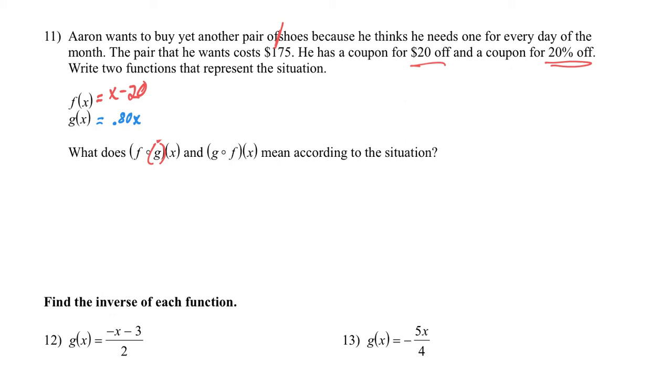So if I do f of g, then that means that g would be done first. That would be where I take the 20% off, and then the g would be going into the f. So f of g would mean taking the 20% off first, and then taking $20 off of that.